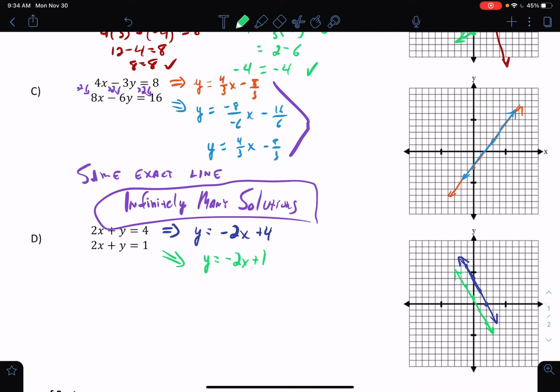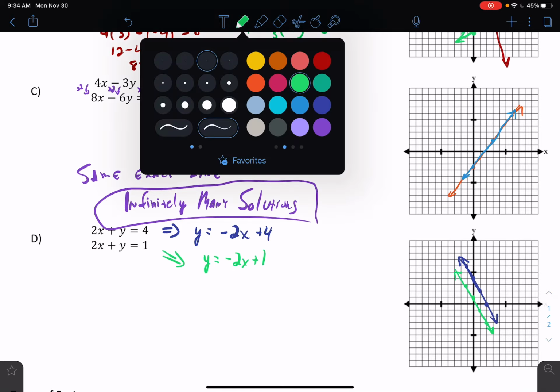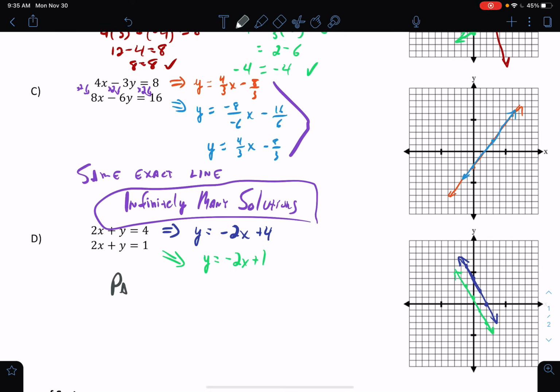What do we notice about this graph? These graphs will never intersect because they are parallel lines. They have the same slope, but different y-intercepts. Will parallel lines ever intersect?